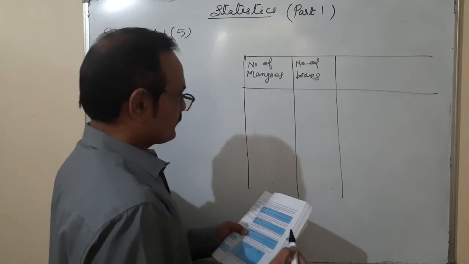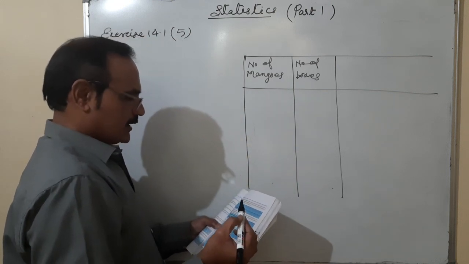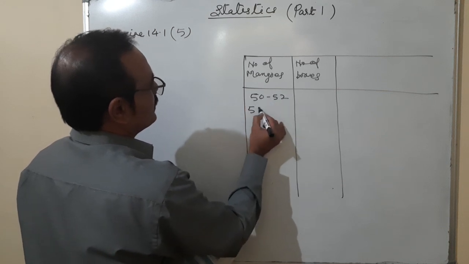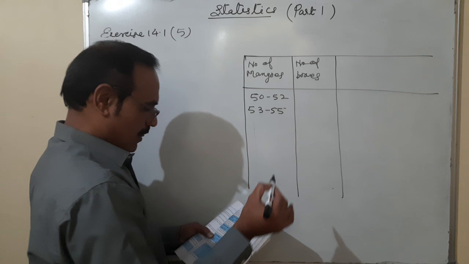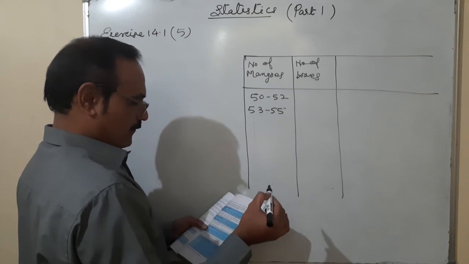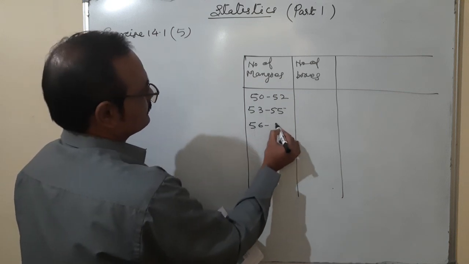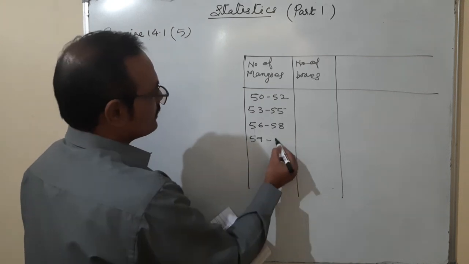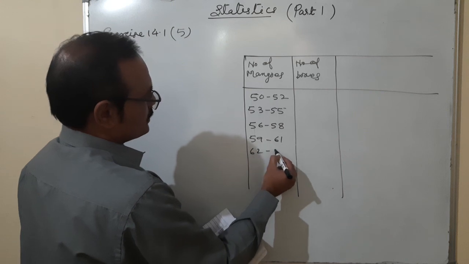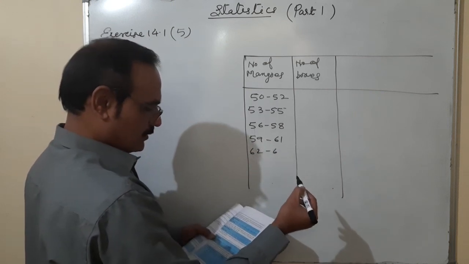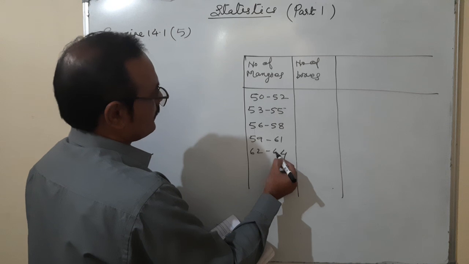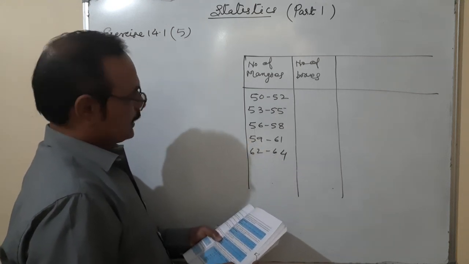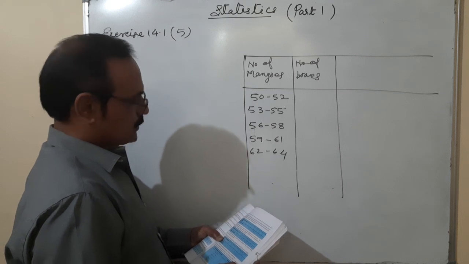Number of mangoes: 50, 52, 53, 55, 56, 58, 59, 61, 62, 64.